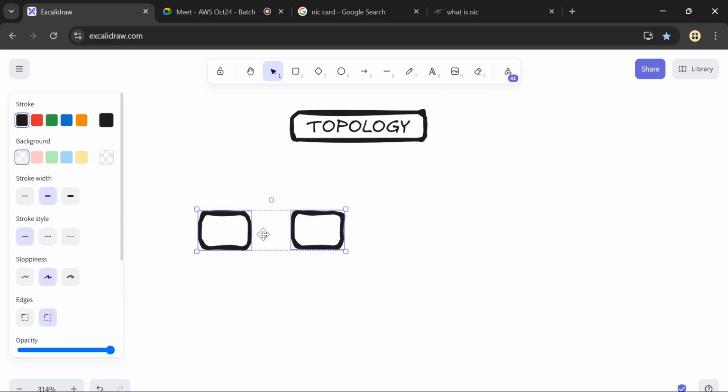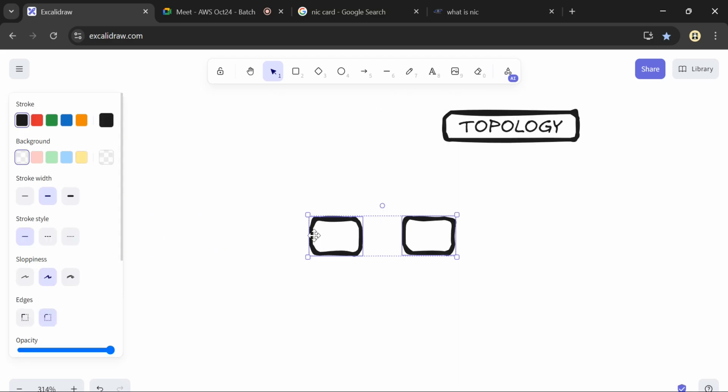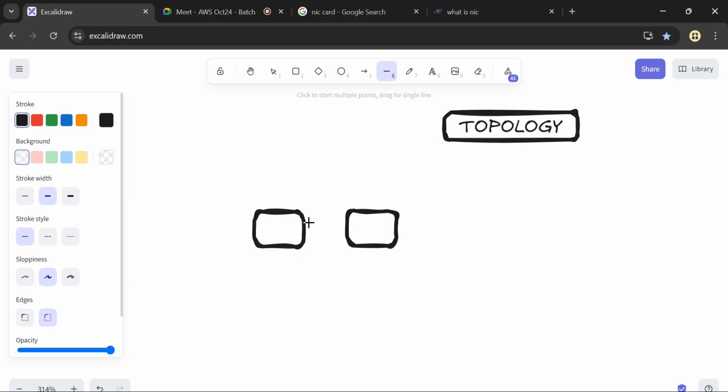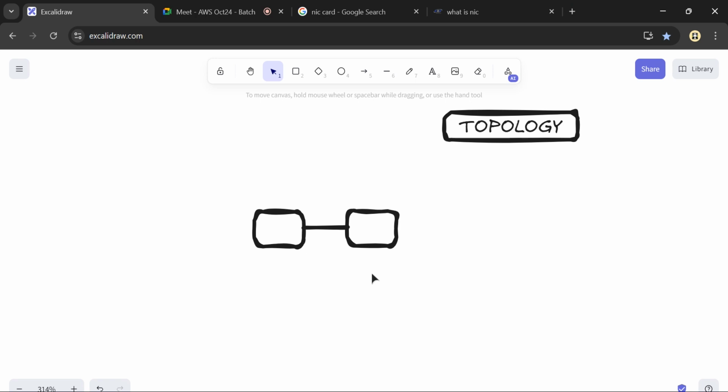Let's say there are two devices. I've connected them like this. This is called an end-to-end connection, wherein one device is connected with the other device end to end, so it will establish the communication.